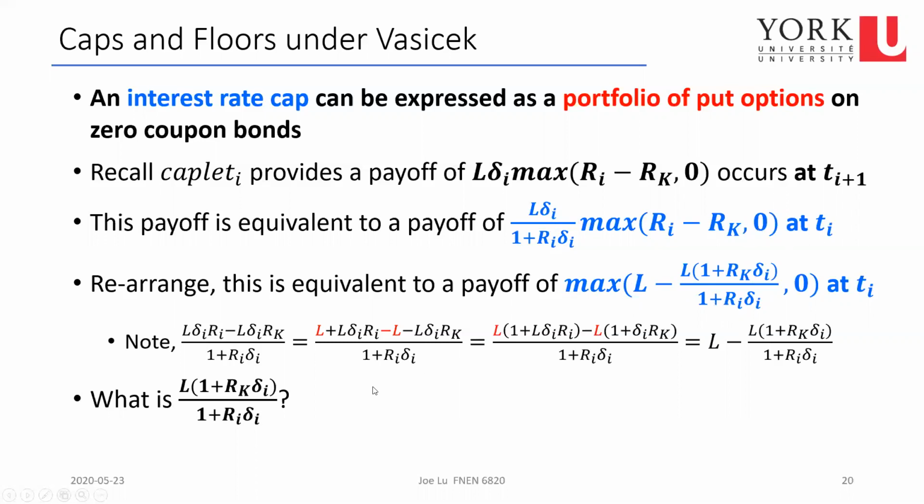Now to see how that is done, I've basically written it out here. So this part is just this times Ri is this times Rk is this part here. So you just follow this derivation, you will have this, which is this condition here. So what then is this thing, right?